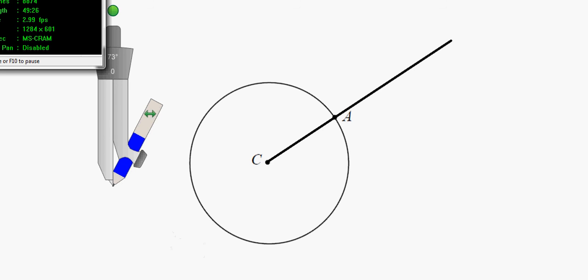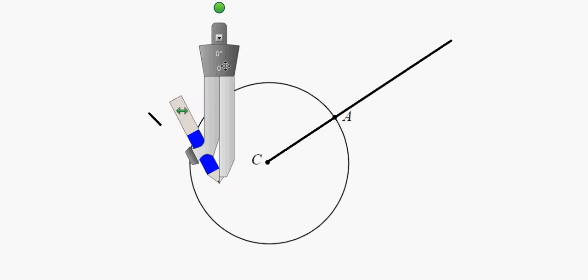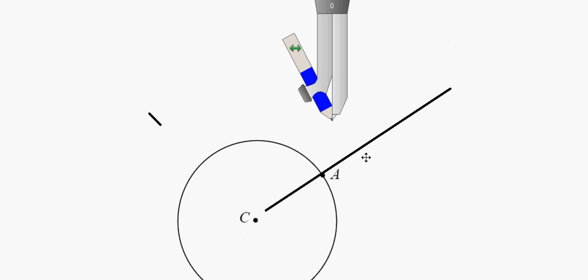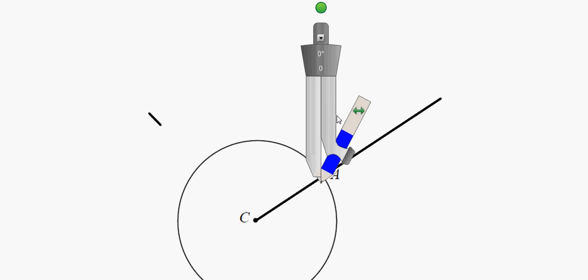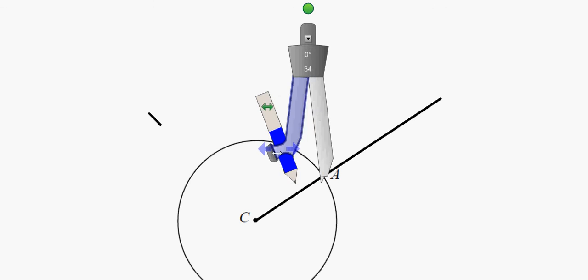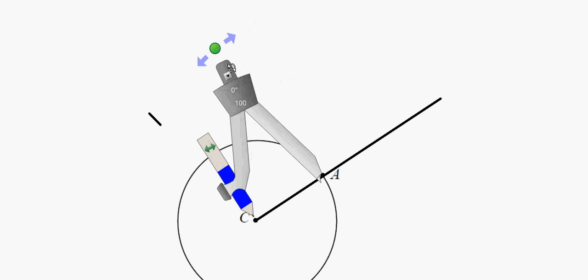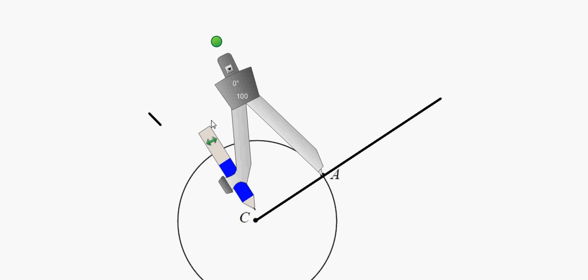So what we're going to do here is first of all measure the distance from A upwards. So we're just going to have to make more space here. Okay. So we're going to get A here, and measure the distance from A to C. So you're just going to position your compass, and make sure that it's on point A, and then get onto point C, like so.